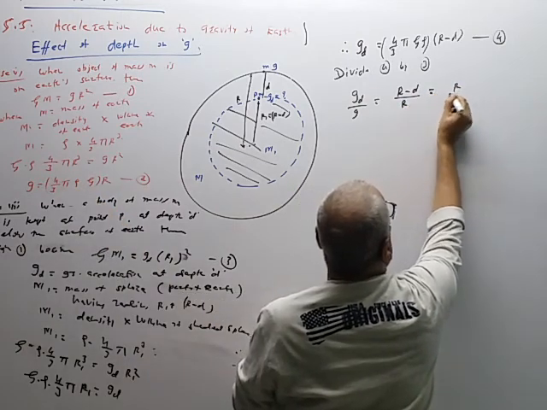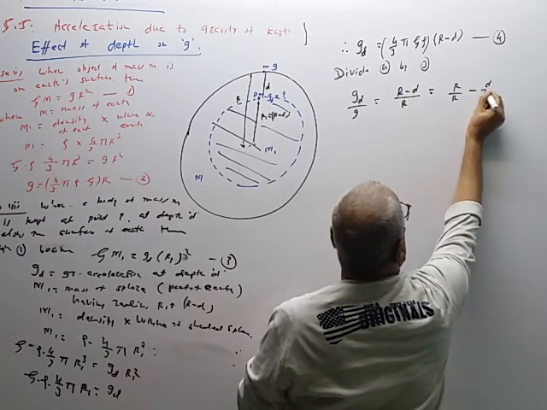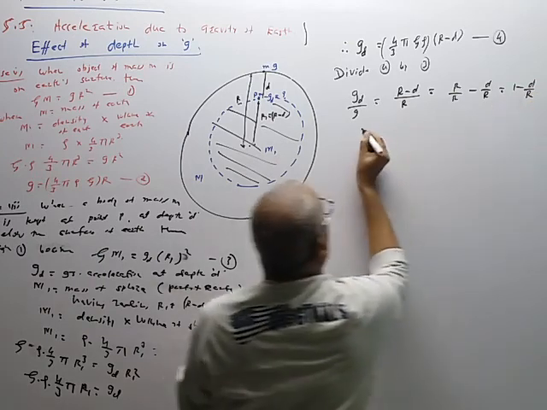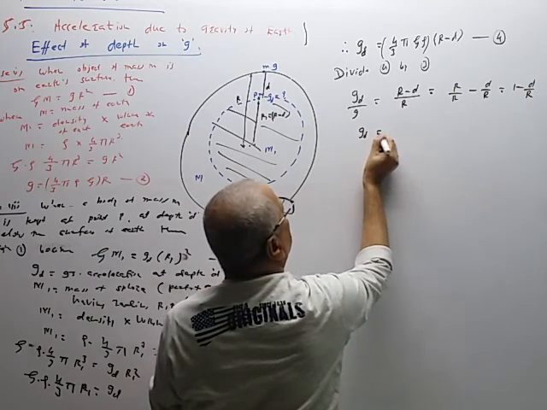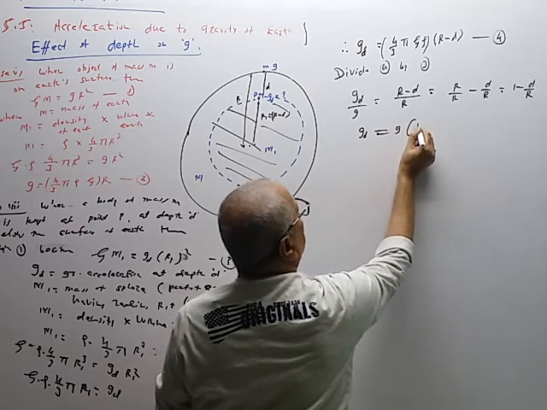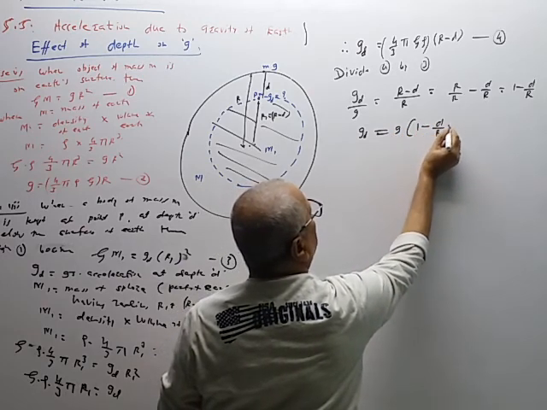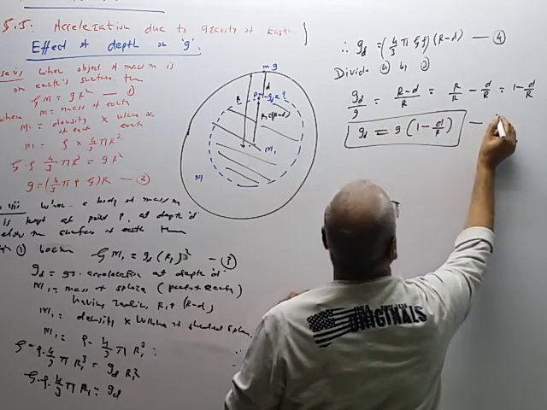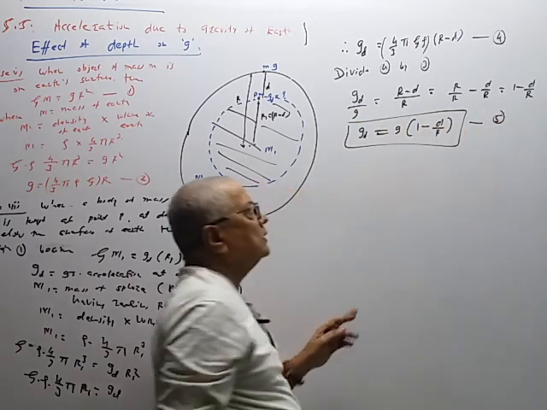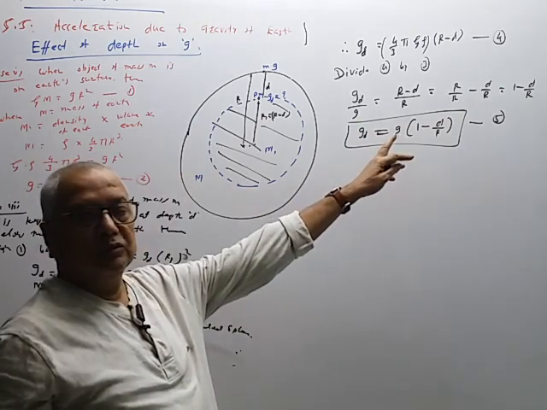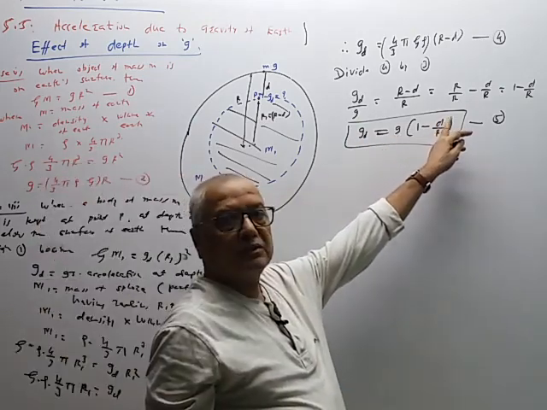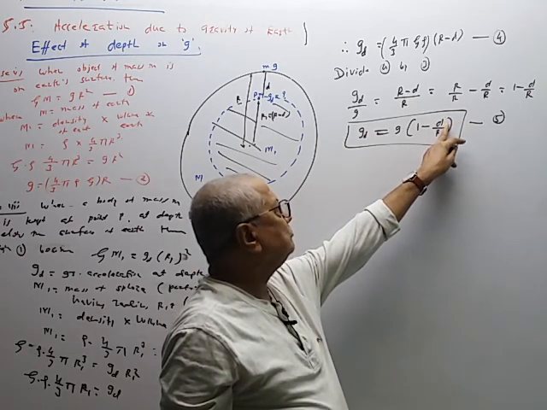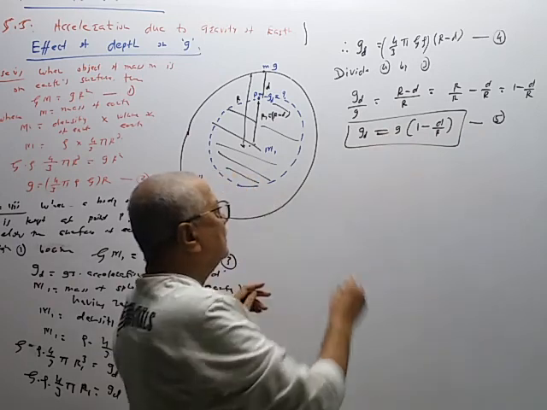So this is equal to r upon r minus d upon r, that is equal to 1 minus d upon r, and therefore gd is equal to g into bracket 1 minus d upon r. So this is equation 5. So as depth increases below the surface of the earth, then this gd also goes on decreasing.